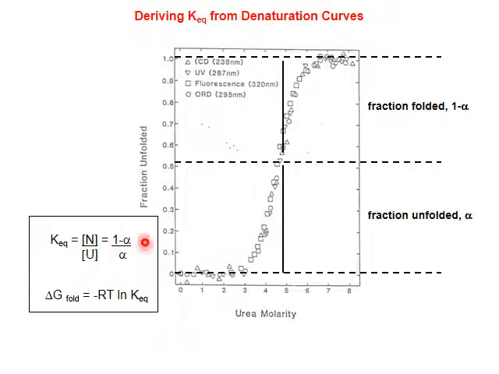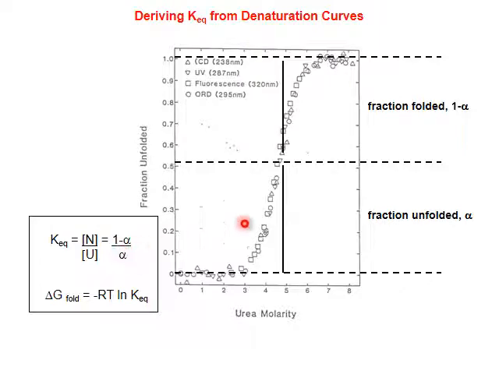Based on what's shown in the plot, defining the fraction folded as 1 minus alpha and the fraction unfolded as alpha, we have this relationship, and the delta G of unfolding, or I should say the delta G of folding, is minus RT natural log of K_eq. So you could derive the K_eq in this fashion by measuring the different amounts of the folded and unfolded state, and then we can get a delta G from the K_eq if we want.